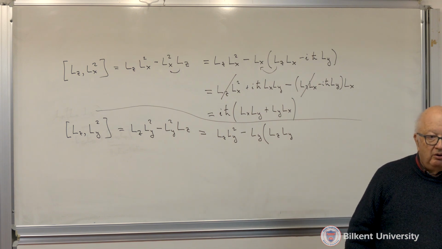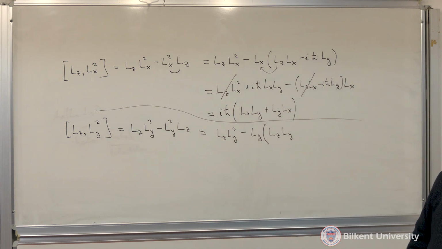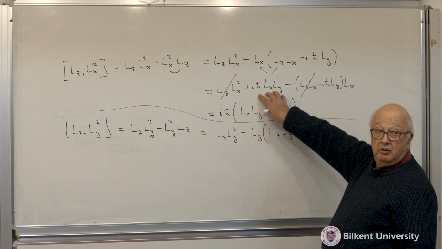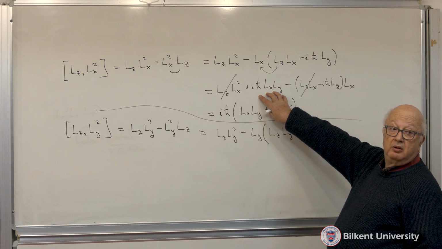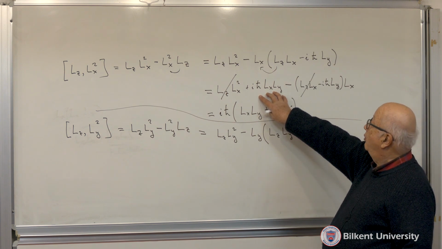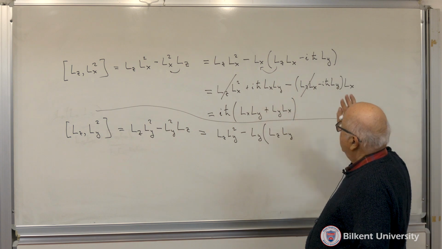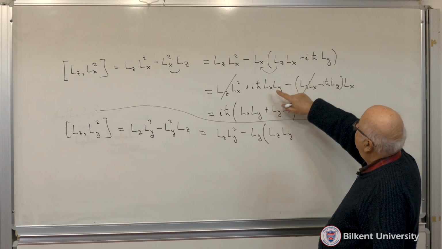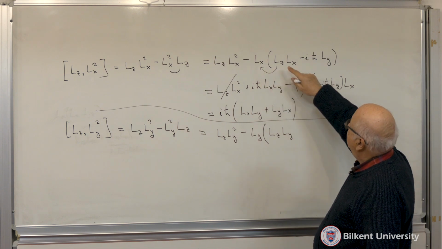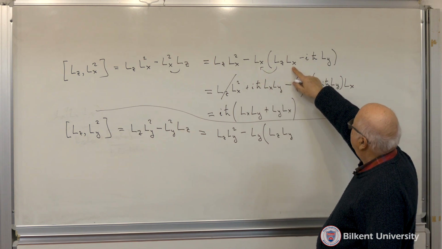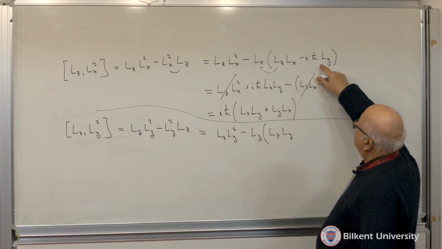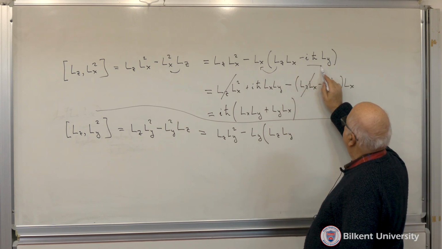I didn't understand the second line, where do these terms come from? You mean this one? Yes, the second part, where do these terms come from? Okay, it's always the same thing. I have this Lx times Lz times Lx minus this term. So this term is that term.